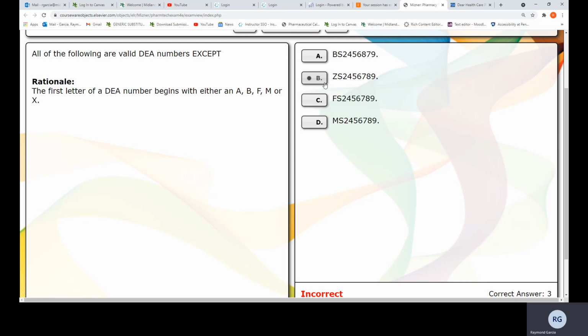I don't know why it's saying that's incorrect, but that is the correct answer. Yeah, it's saying incorrect, but that's the correct answer. I guess there's a glitch. Okay. B is the correct one.